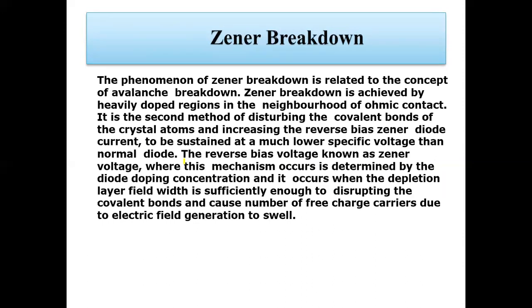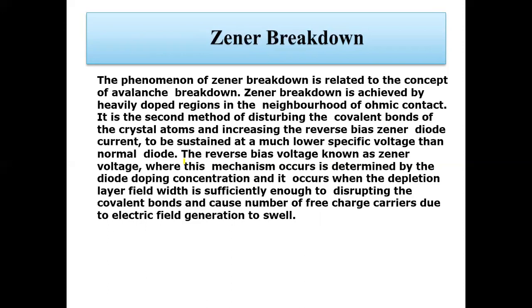It is the second method of disturbing the covalent bond of the crystal atom and increasing the reverse bias current, to be sustained at a much lower specific voltage than a normal diode.